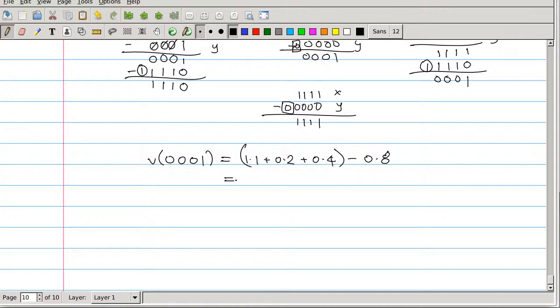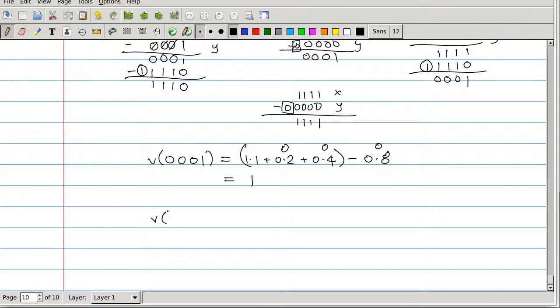Now yes, I understand this is kind of silly, because you can see this is 0, this is 0, and this is also 0, so we just end up with a 1 here. So the value represented by 0, 0, 0, 1 as a bit pattern is just 1. Not surprising here.